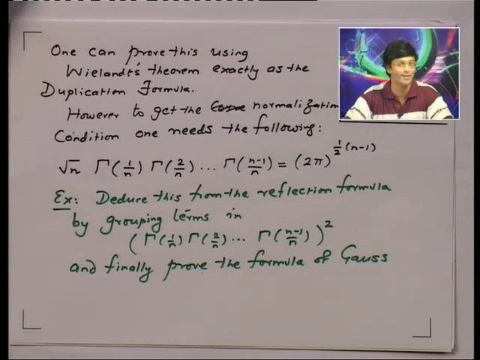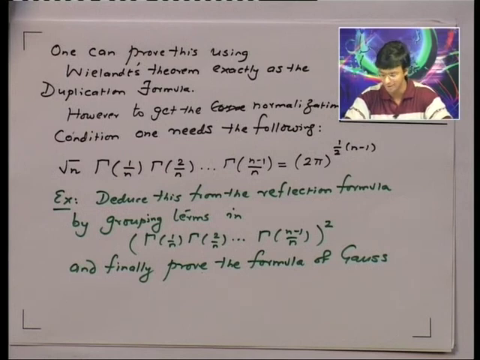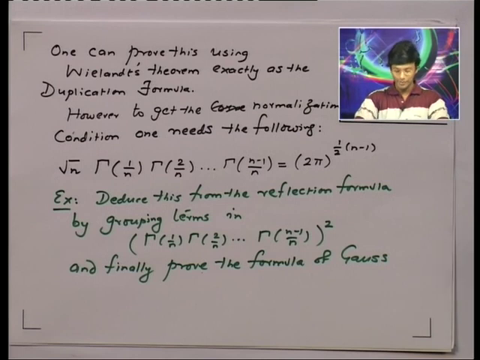The normalization condition is difficult here, and what you need is this formula: root n times gamma 1 over n, gamma 2 over n, etc., gamma n minus 1 over n, is 2 pi to the power half n minus 1. This I am leaving as an exercise for you to deduce from the reflection formula.